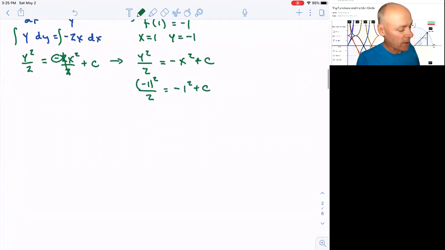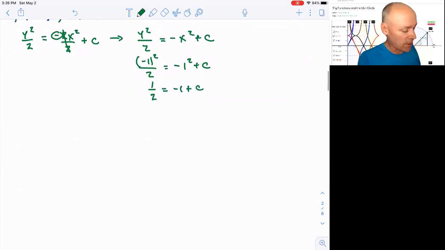Negative 1 squared is 1, so I get 1/2 is equal to negative 1 squared, that's negative 1 times 1 squared, which is negative 1. So I get negative 1 plus c. Now to solve for c, I'm going to add 1 to both sides, plus 1 cancels, and I get c is equal to 1/2 plus 1, or 3/2.